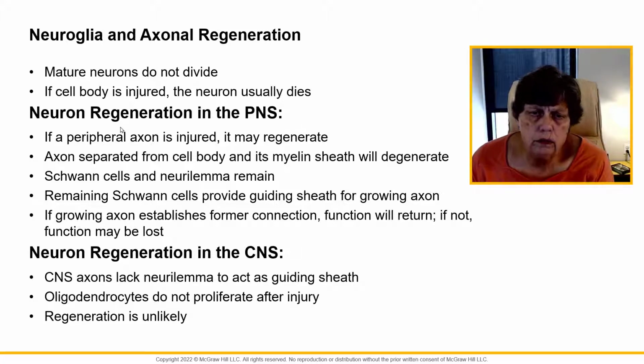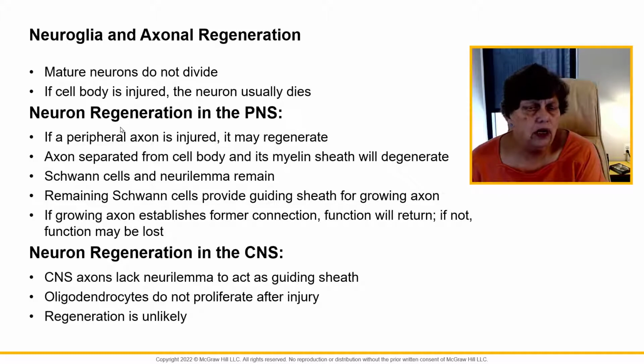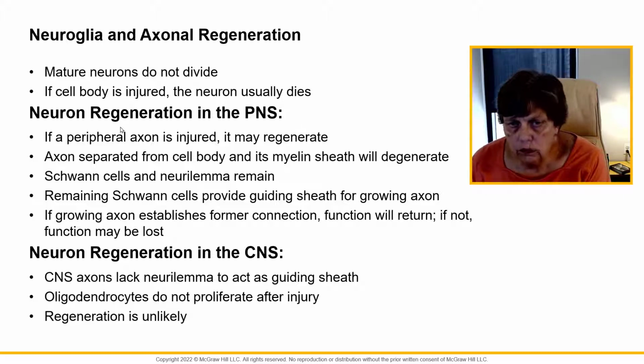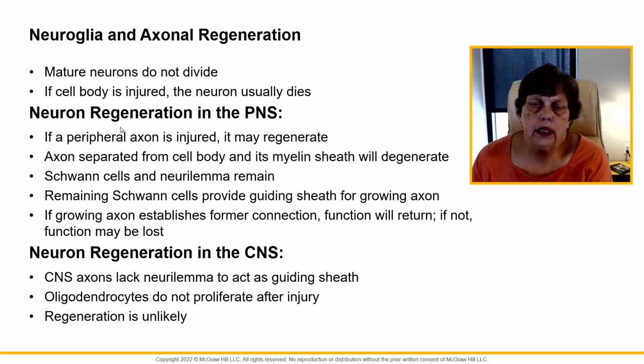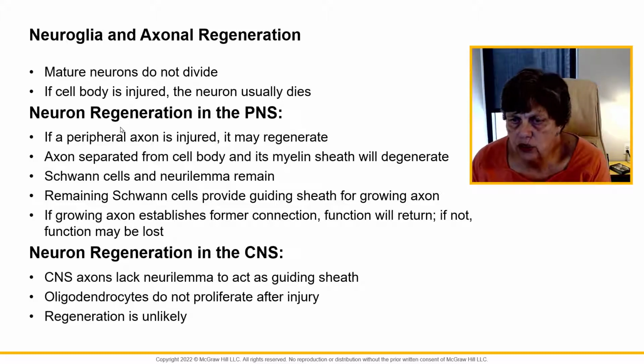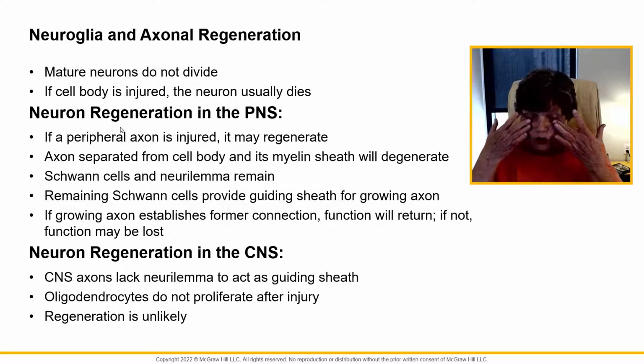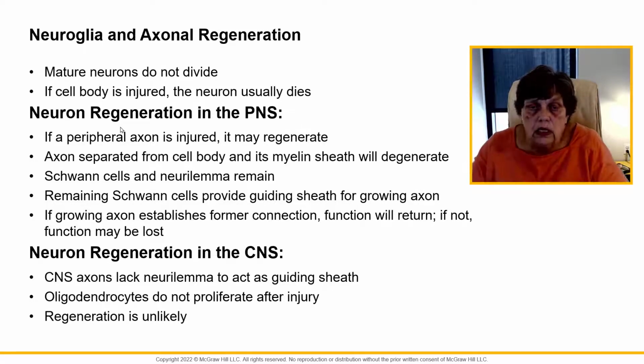Usually with these, mature neurons do not divide, and if the cell body is injured, the neuron usually dies. Now, you can get some regeneration. In the peripheral nervous system, if the peripheral axon is injured, it may regenerate. And there is a process for this. For example, in cardiac surgery where you cut a nerve, that will regenerate.